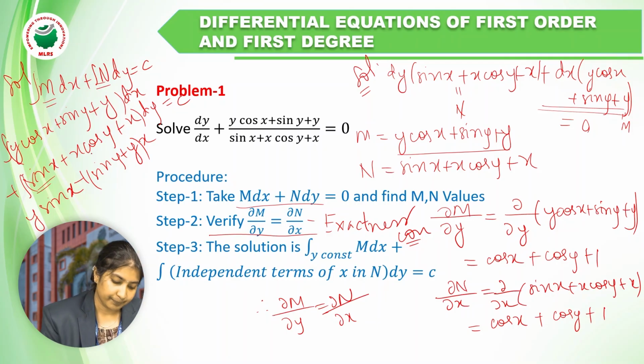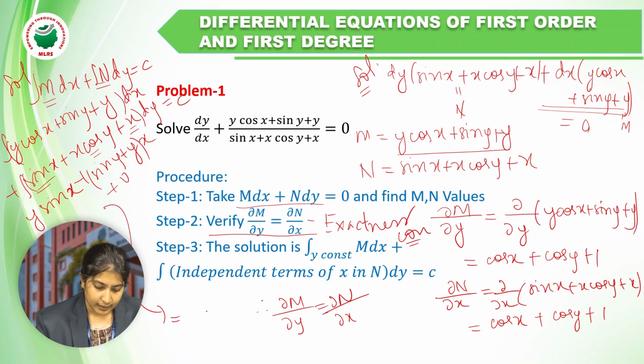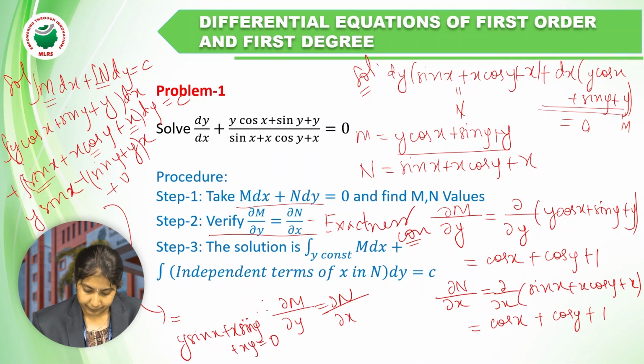This has x, this has x, this has x, so plus 0. So resulting, what you are getting? y sin x plus x sin y plus xy equal to 0.